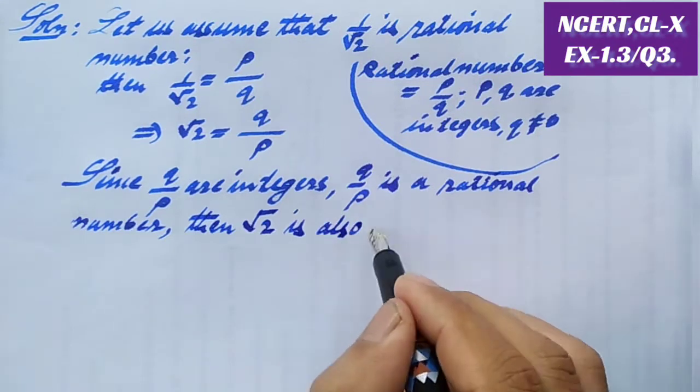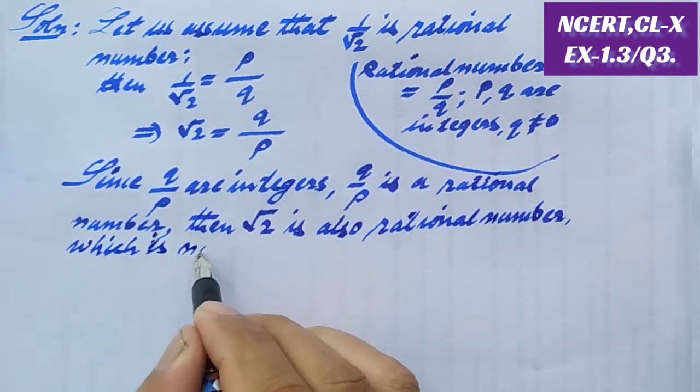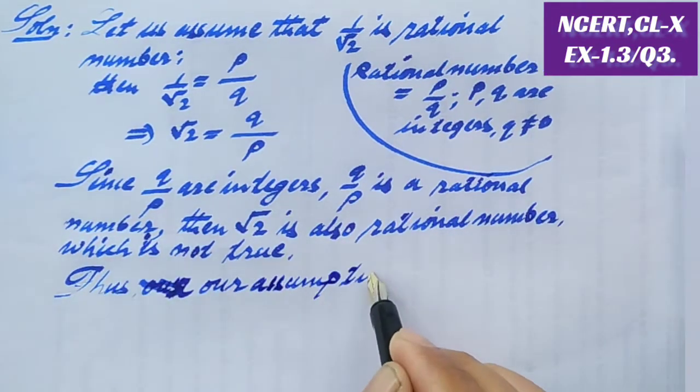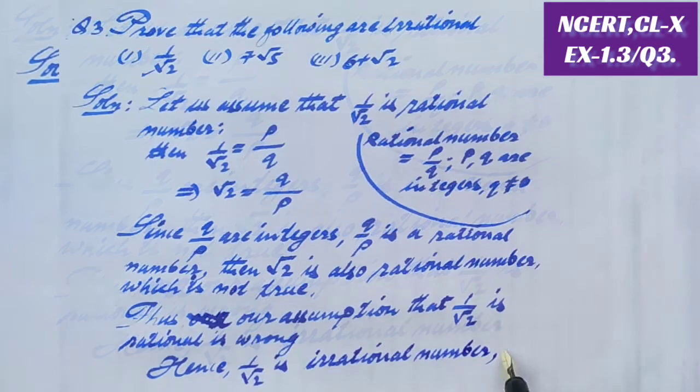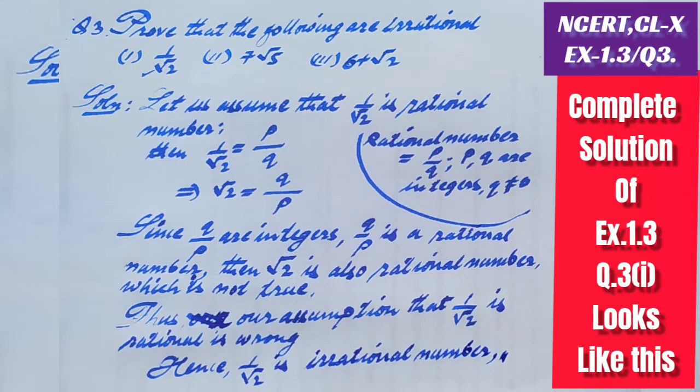Then root 2 is also a rational number, which is not true. Thus our assumption that 1 by root 2 is rational is wrong. Hence 1 by root 2 is an irrational number. And our complete answer looks like this.